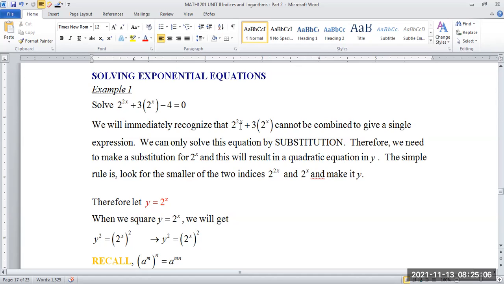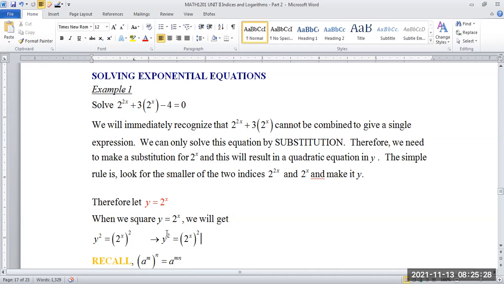How can I move from y equals 2 to the x to 2 to the 2x? If I square y, that's what I'm going to get.